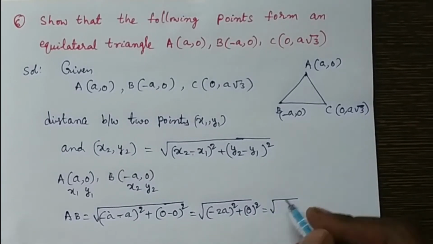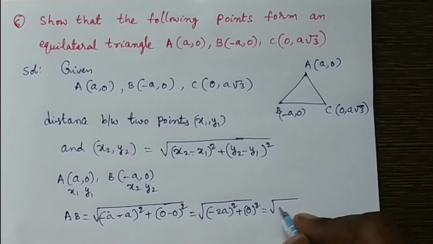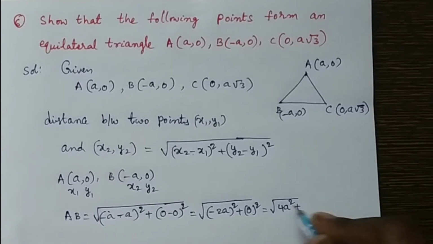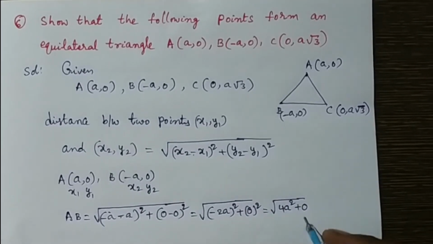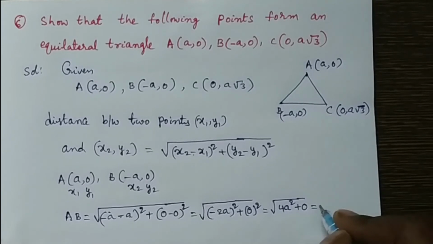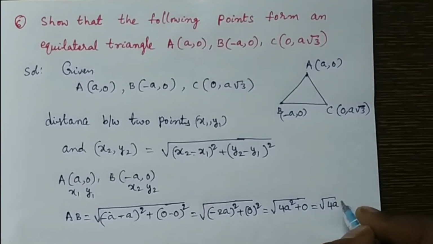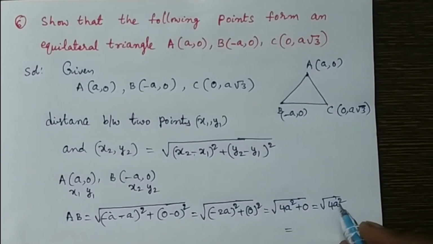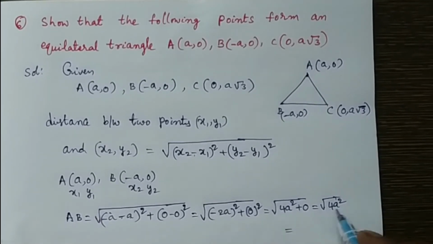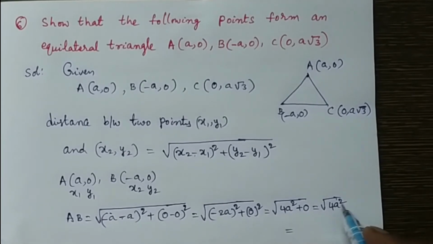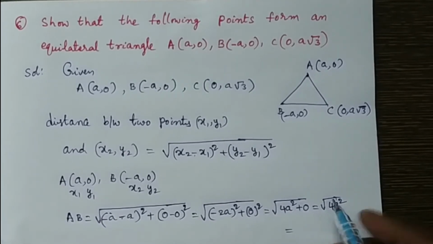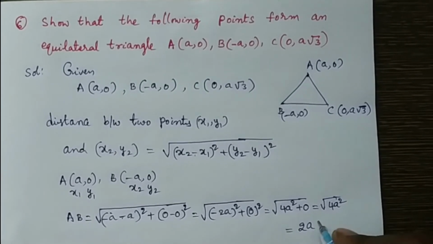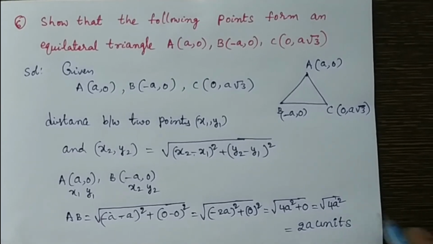Minus 2a whole square is plus 4a square, plus 0 square means 0, that is equal to root 4a square. After simplification, it is in the form of root of ab, root of ab means root a into root b. So root 4 means 2, root a square means a. So this length is 2a units.